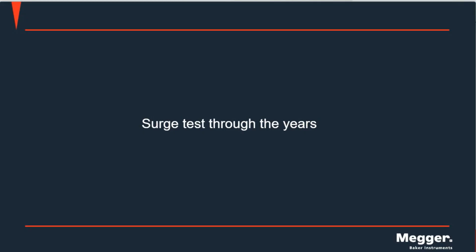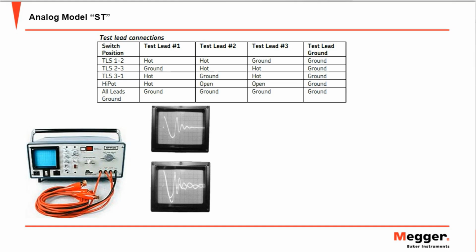So let's talk about the surge tests through the years. So again, in the past, we have the ST models where we have to write 2 waveforms at the same time in order to do the comparison, to compare 2 waveforms. So we need to send a current through the lead number 1 and 2, and to have number 3 grounded.